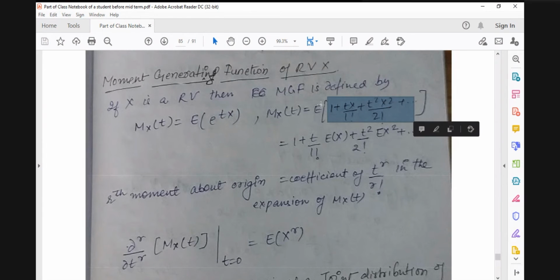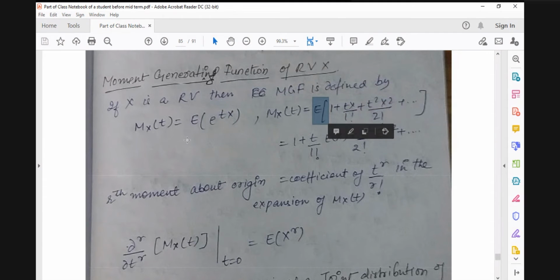You know that the E operator is linear, and here t is a real parameter, so t and t square upon 2 factorial are all treated as constants. X is a random variable, X square is also a random variable, X cube is also a random variable.